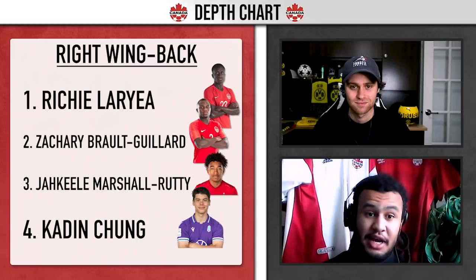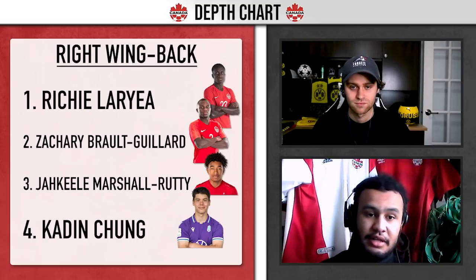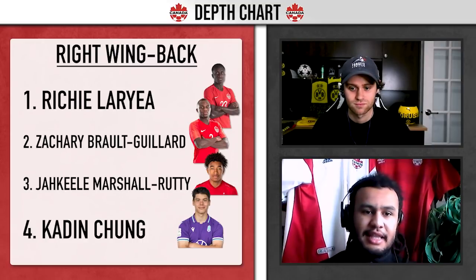But every time I saw him, be it in the CPL or even when they played the Whitecaps, he was always lights out. So I think I have him as the fourth name on the chart, but it shows how wide open this list is, just to shout out guys like, say, Mo Farsi, who when he finds a club can certainly get into this discussion, or just names like that, really.